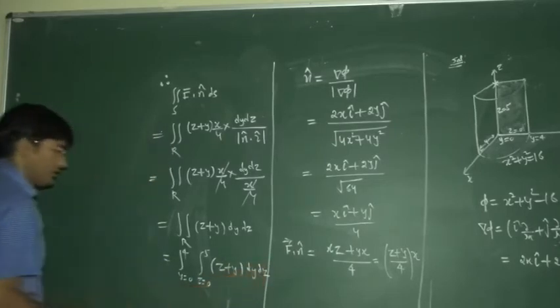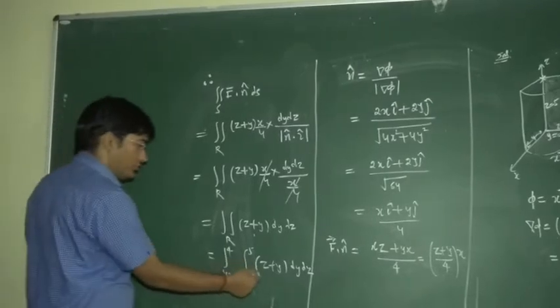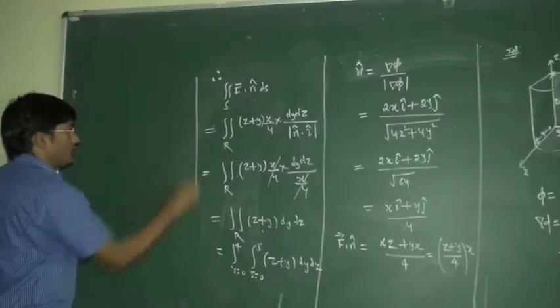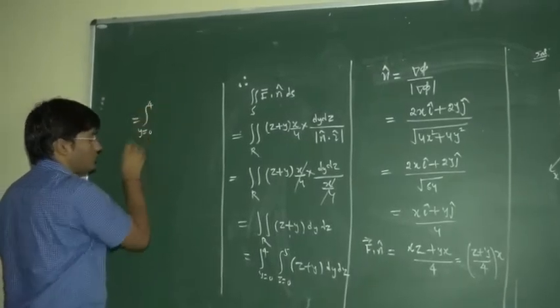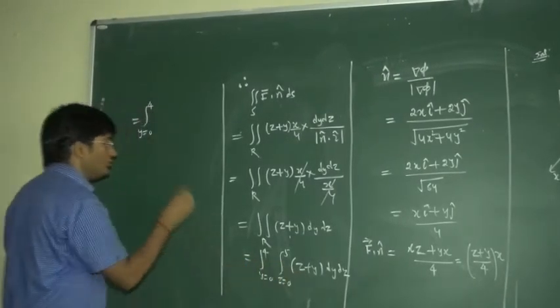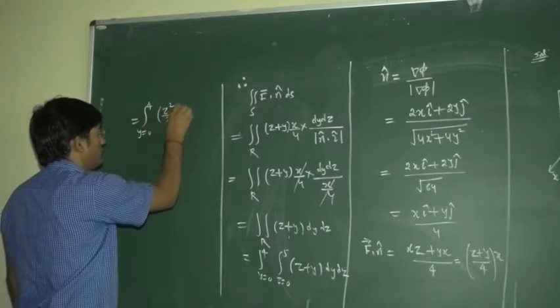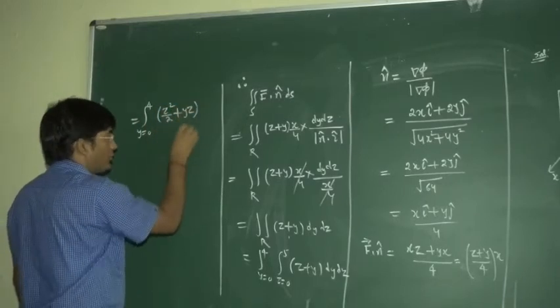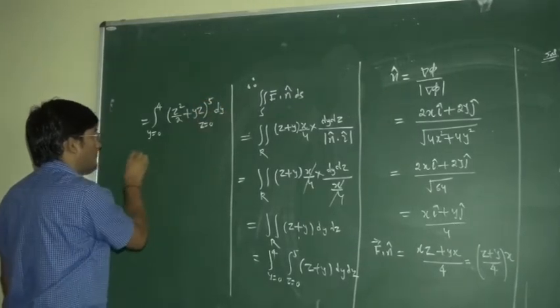So now if you integrate this term with respect to y, or if you want to integrate first with respect to z, then the integration of z will be z square by 2, and then we have yz, and the limits of z will be from 0 to 5, and then we have dy.